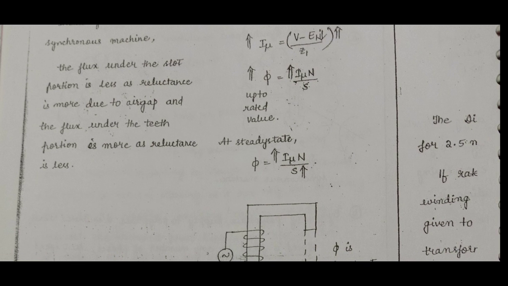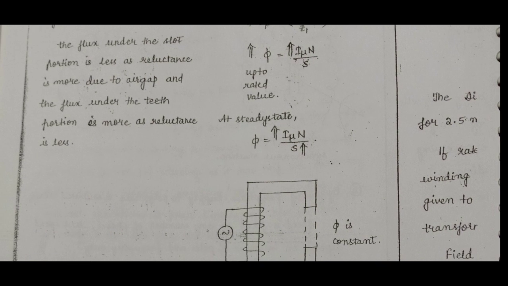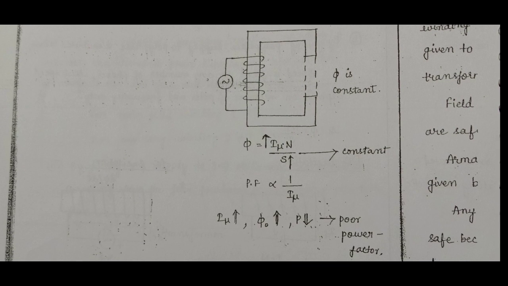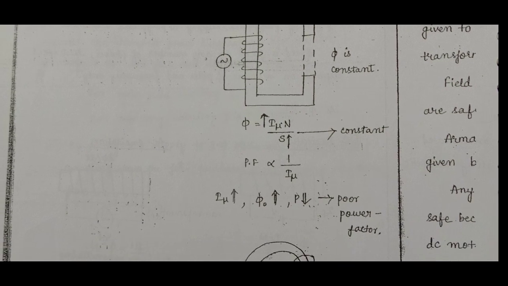Flux is directly proportional to the magnetizing current and N, the number of turns, and inversely proportional to S. Phi is constant.